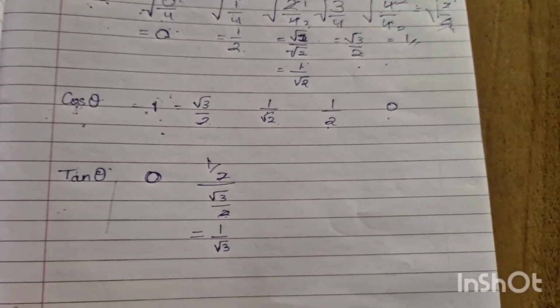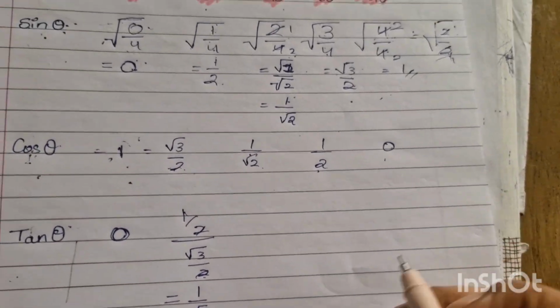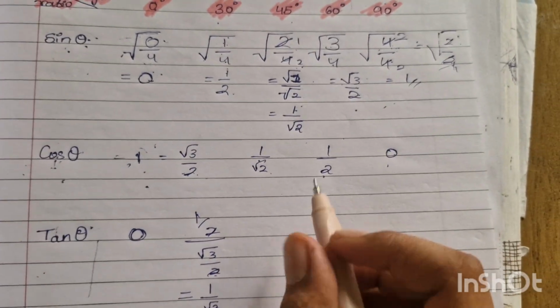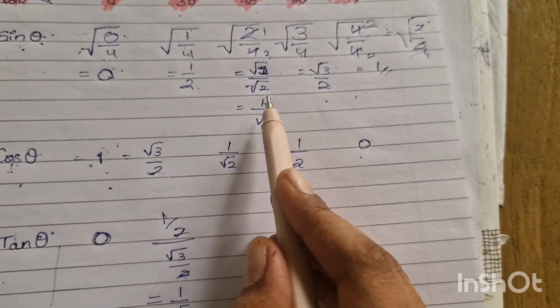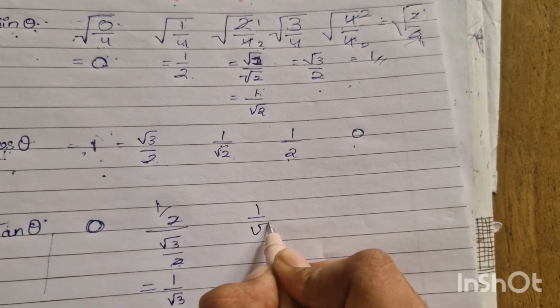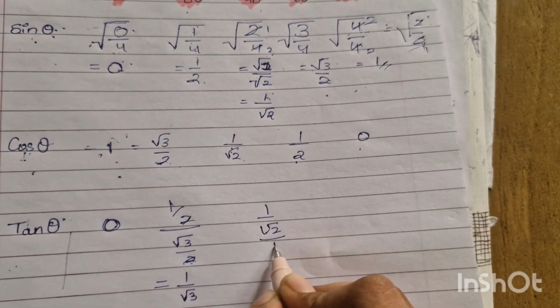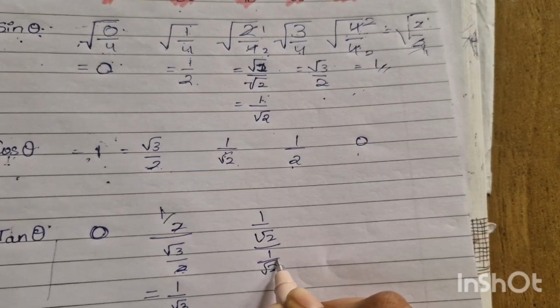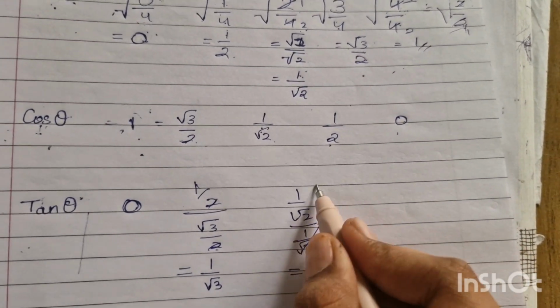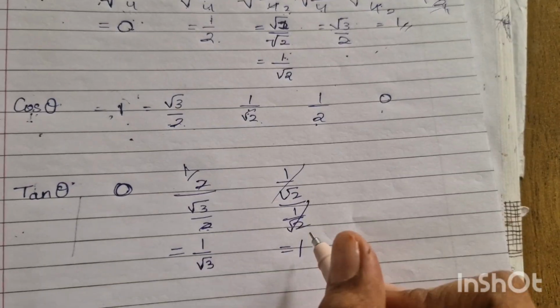See, it is easier for us now. So tan 45 is 1 by root 2 divided by 1 by root 2. It's nothing but 1, because here this and this get cancelled. So it is equal to 1.